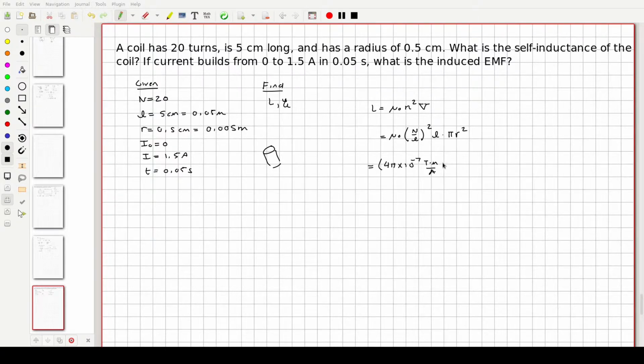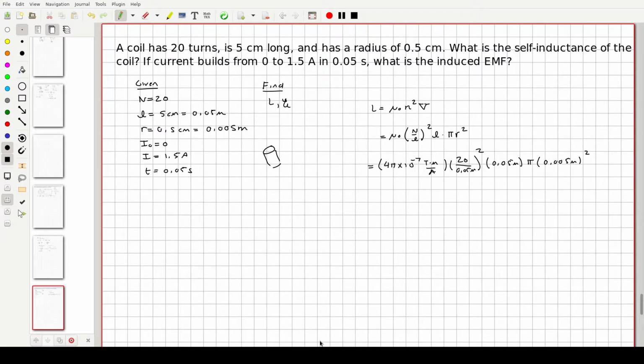That's also a Henry per meter. Yeah, Henry per meter. Let's see. N itself is 20. Our length is 0.05 meters. Square that. Our length again is 0.05 meters. We probably could have just canceled that, but hey, that's not that big of a deal. And R is 0.005 meters. We have to square that.